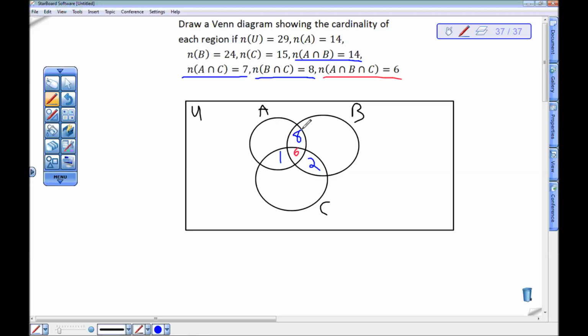Okay, moving again, bigger. C is 15, so I have 8, 9 in there already, so I need 6 more. B is 24. I have 10, 16, so I need 8 more. And A is 14, and that makes me sad. In fact, I already have 15 elements in A from my intersections.